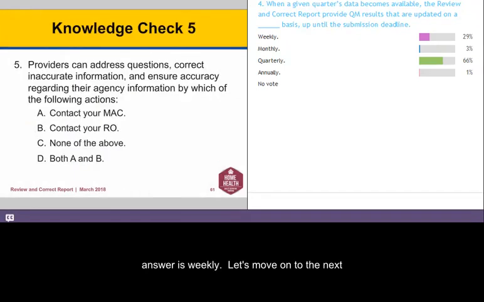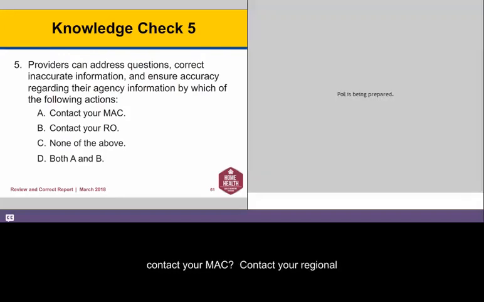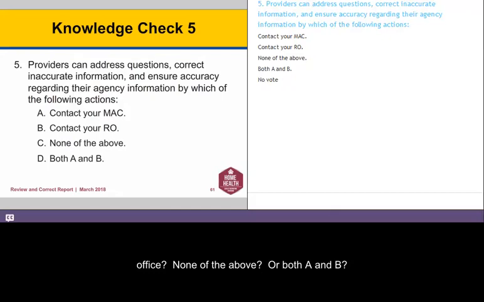Let's move on to the next question. You as a provider can address your questions, correct inaccurate information, and ensure the accuracy of your information by which of the following actions? You can contact your MAC, contact your regional office, none of the above, or both A and B. Click in the circle.